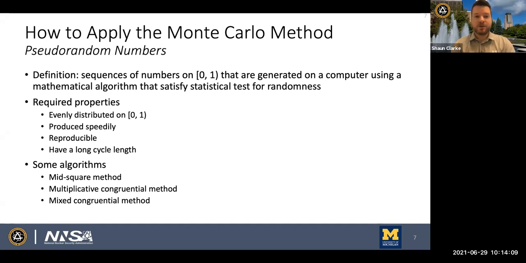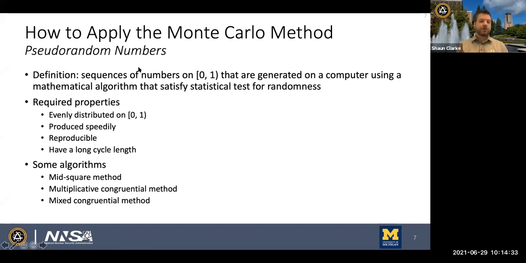By a lot, I mean you can use 10 to the 10, 10 to the 12, 10 to the 14. Very large numbers of random numbers are needed to perform complex calculations. So it's important that the computer can produce these without adding extra expense onto our calculation, because we're going to need to do this random numbers calculation many times.